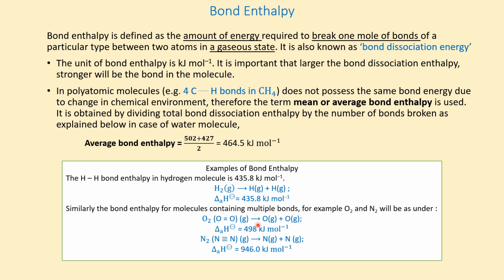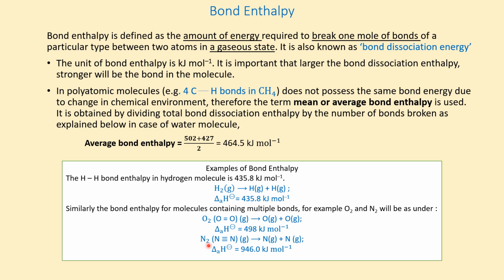The other examples are O2, that is O double bond O in gaseous state splitting to O(g) plus O(g), and its bond enthalpy ΔH is equal to 498 kilojoules per mole.